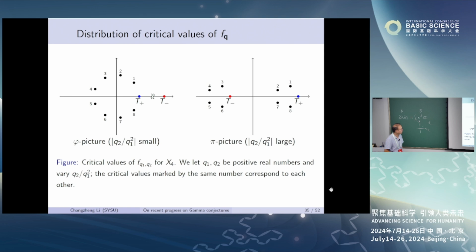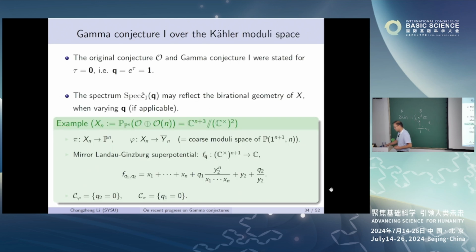Okay. Now we see, for example, for n equal to 4, the Q are positive real, and if Q2 over Q1 squared is small, then the critical values of the superpotential, that is the eigenvalues of the first Chern class, are of this form. And so the spectral radius is T minus, and T plus is called the conical point. That is f. You see this is a function.